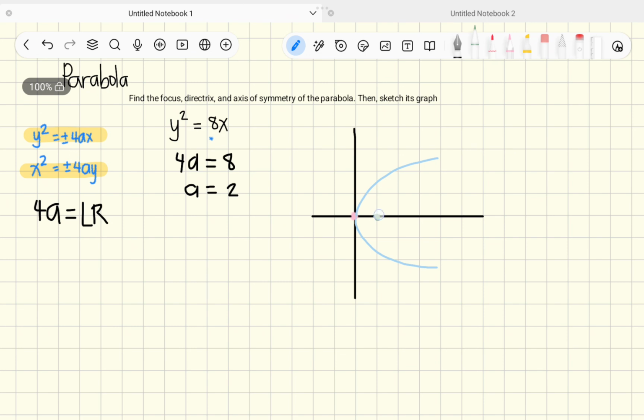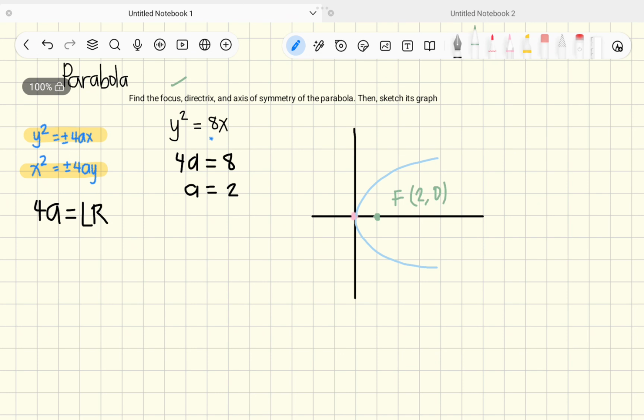So this is your focus F. Since it is 2 units from the vertex along the x-axis, the coordinates will be 2, 0. Now we have the focus.